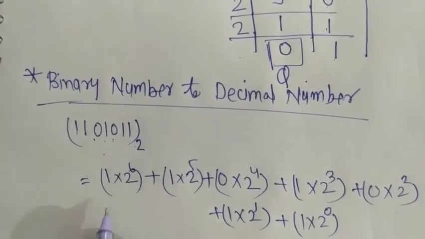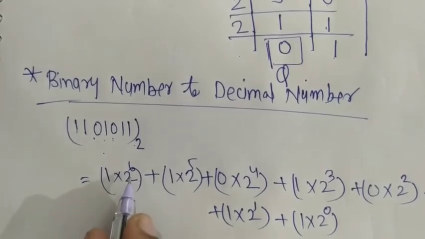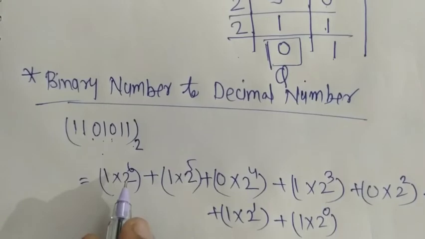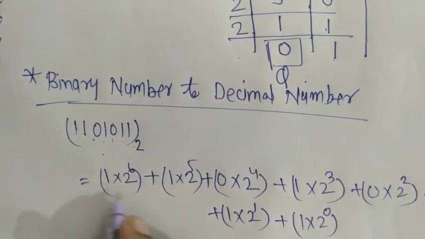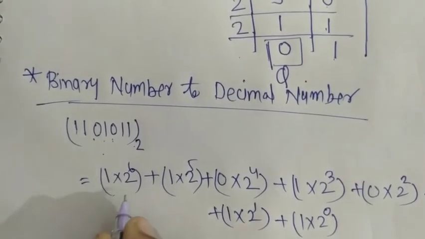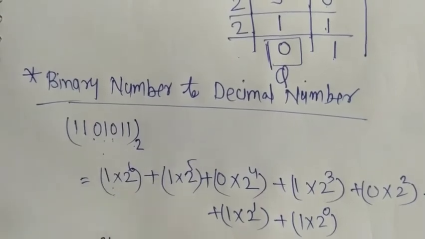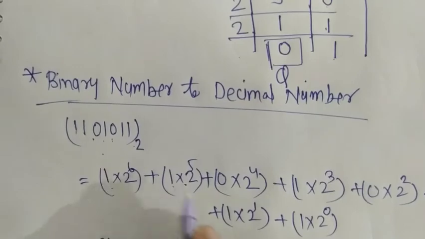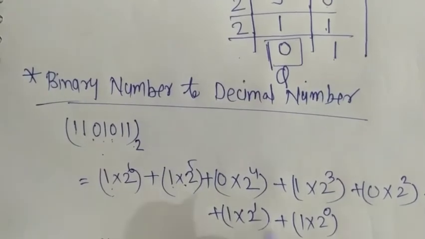So what will I get? Here 2 raised to power 6 will be equal to 64. 64 into 1 is 64, plus 32 into 1, which means 32.